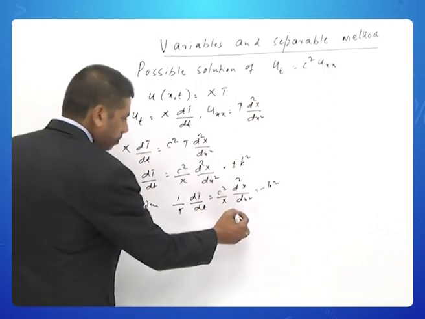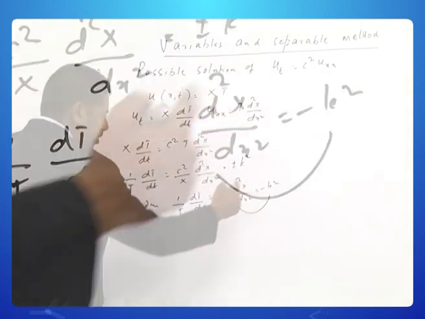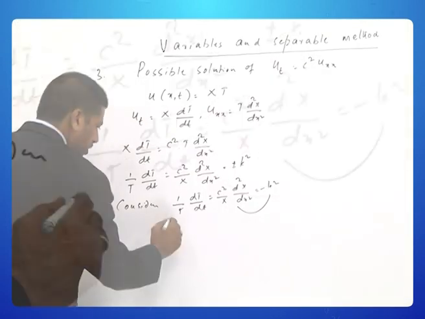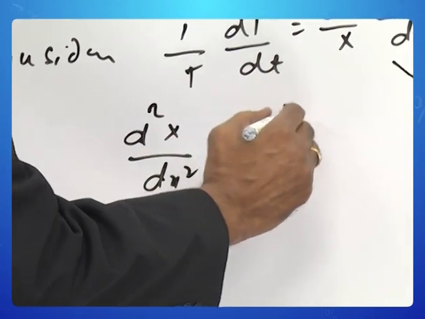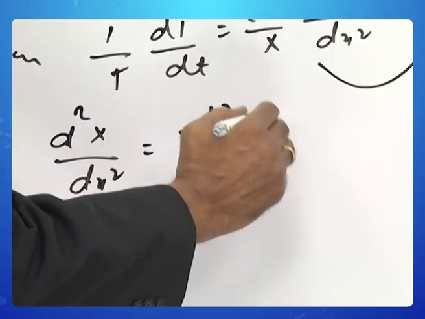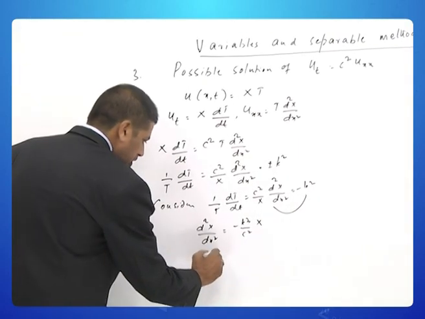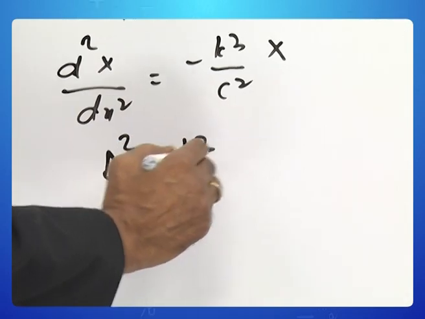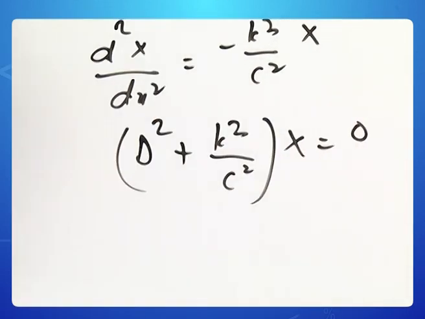So, let us begin with determination of capital X. From here we can write d square X by dx square is equal to minus k square by c square X. Now, if you observe this, this is an ordinary differential equation of the second order, which looks like this.